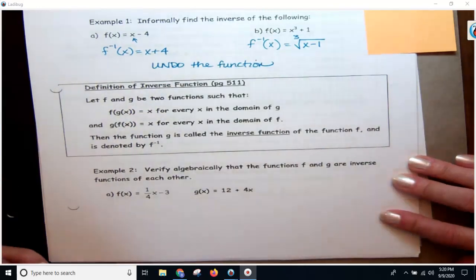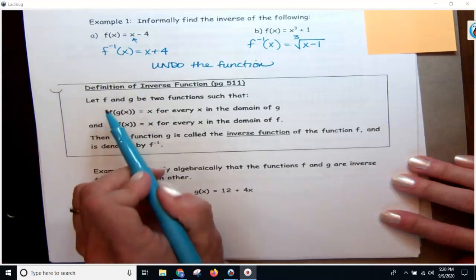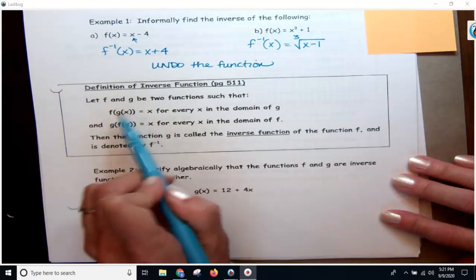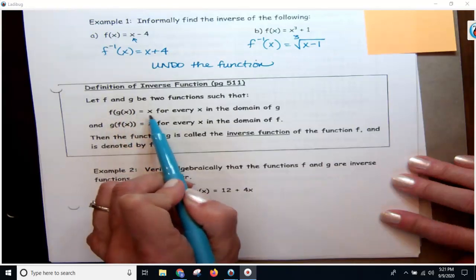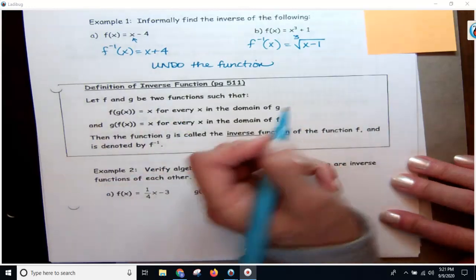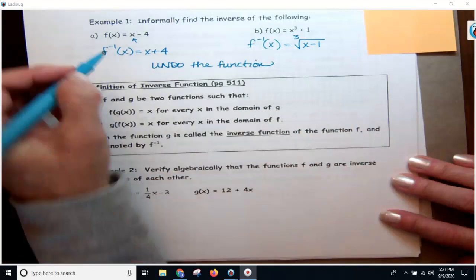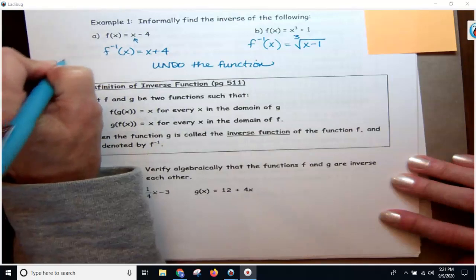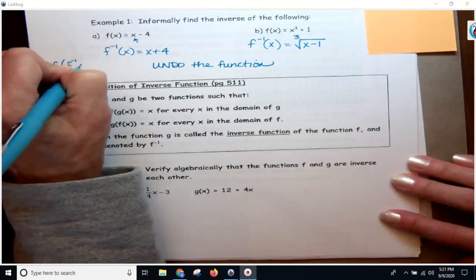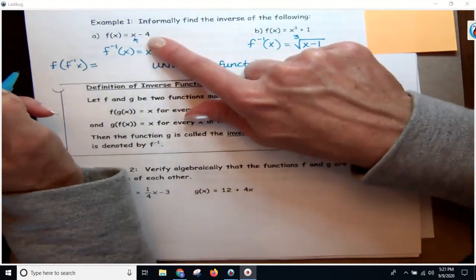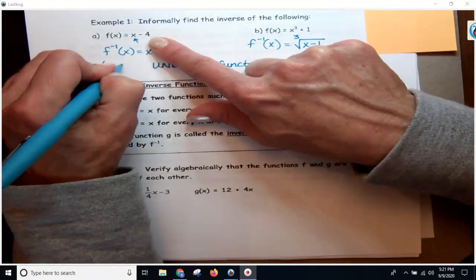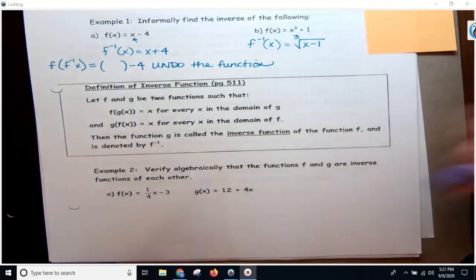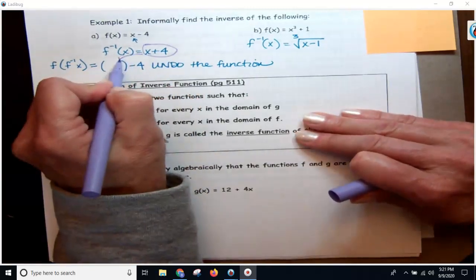All right. So if you have f and g, two functions, such that the composition of f of g of x would be x. So basically, if this is the inverse, f of the inverse of x, we take this equation right here, and I'm going to insert this one, x plus 4, and then take this part and throw it in here.